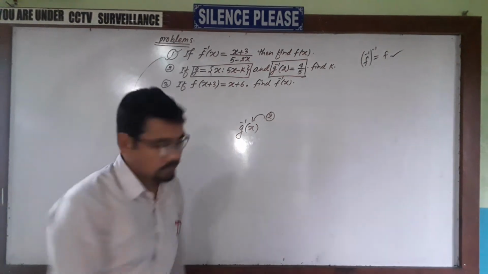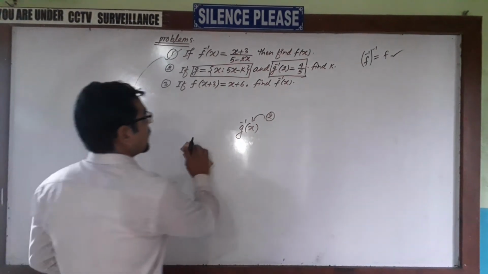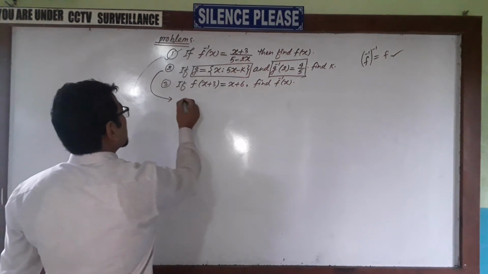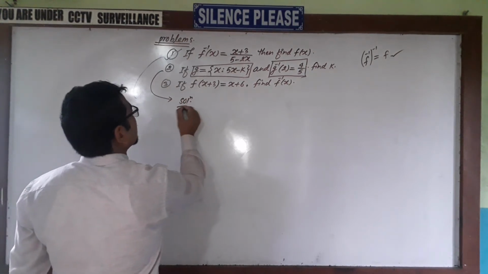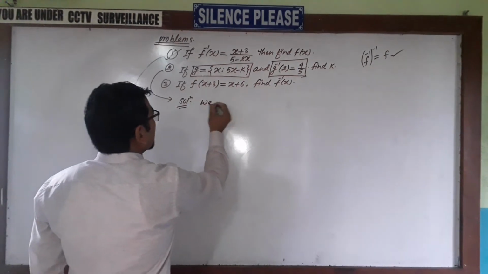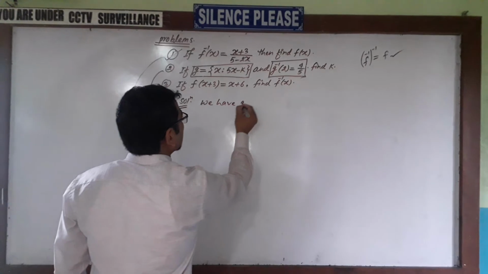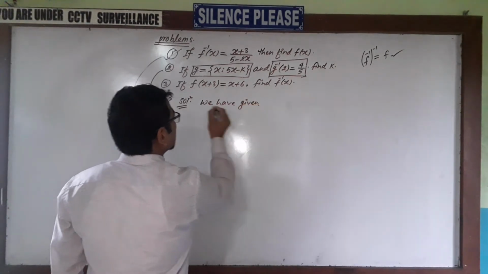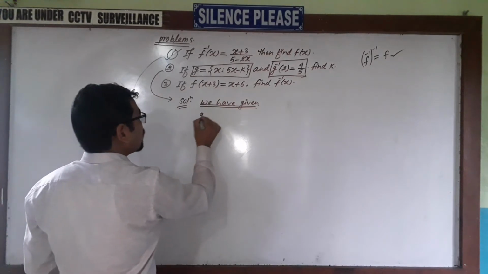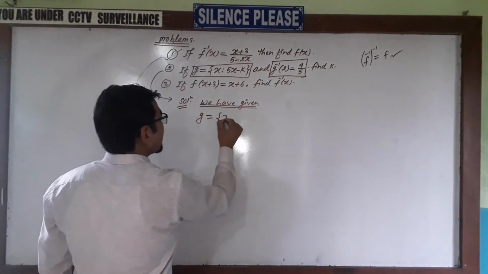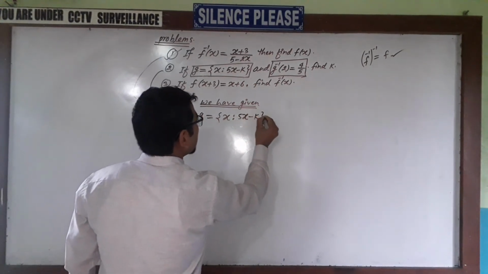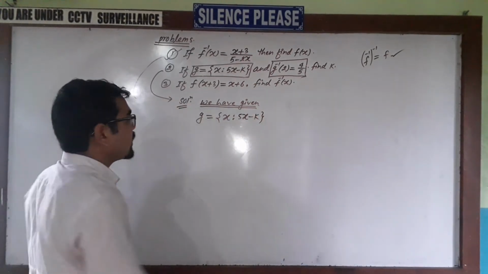So look here. First of all, here I am going to do the solution of question 2. Here we have been given a function g is equal to x such that 5x - k.